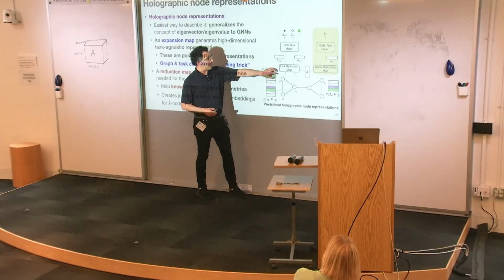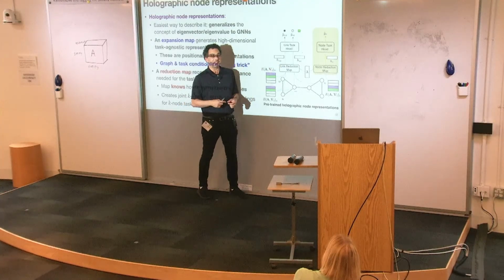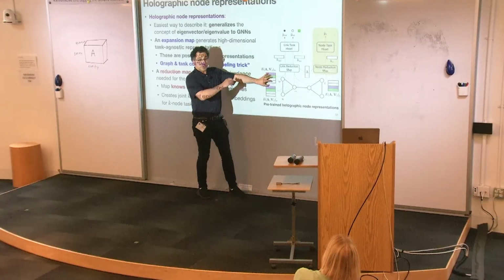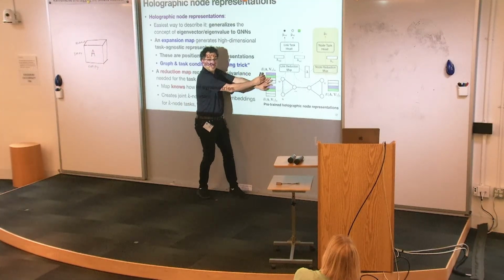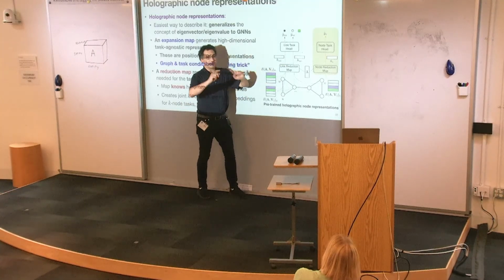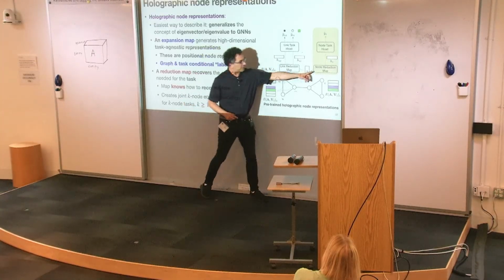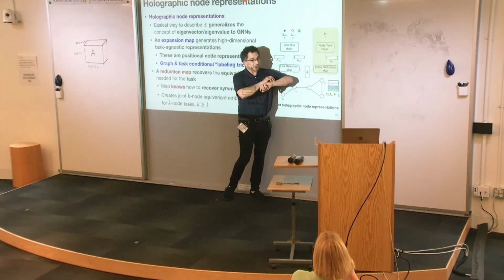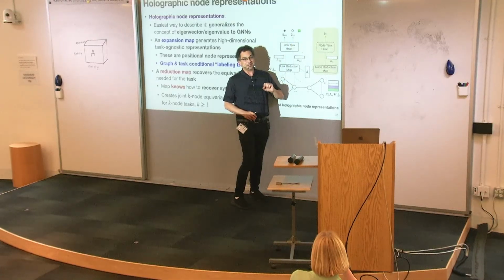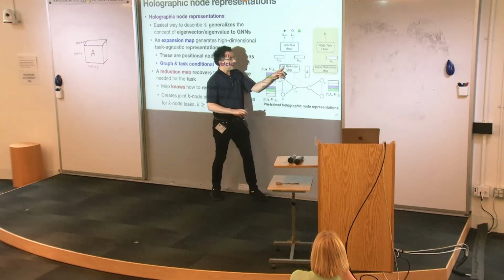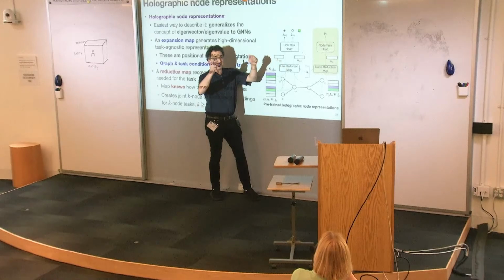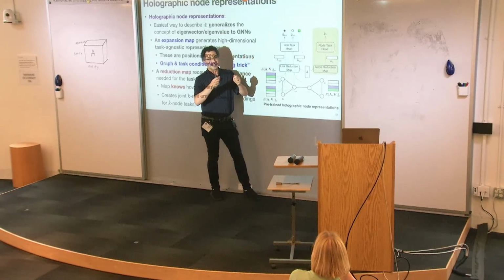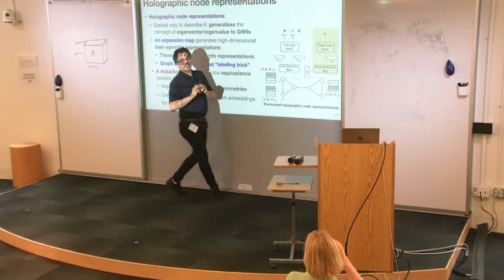The map actually removes the symmetries that you don't need, because we broke all the symmetries. This is positional, right? And it's restoring just the symmetries you need for this. So for node classification, it removes all the symmetries that are not equivariant in node. And here it removes all the symmetries that are not equivariant in both nodes.